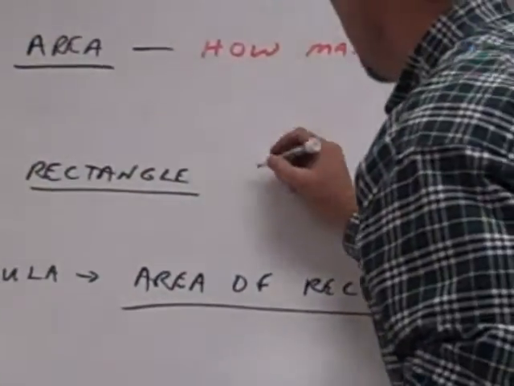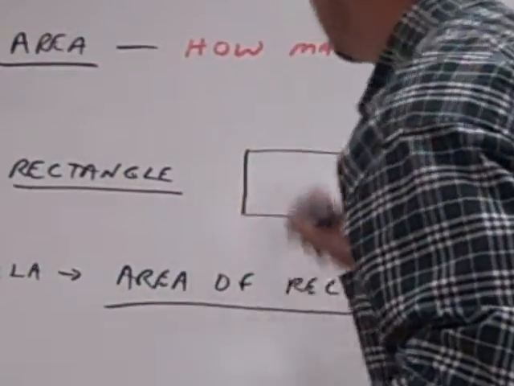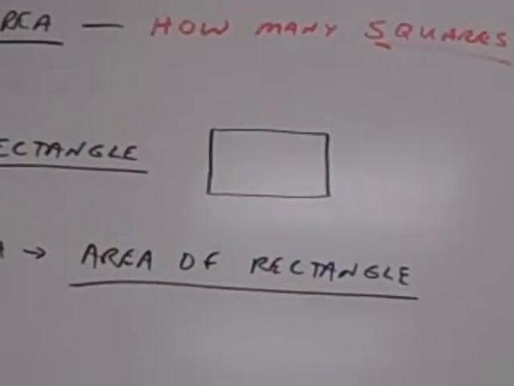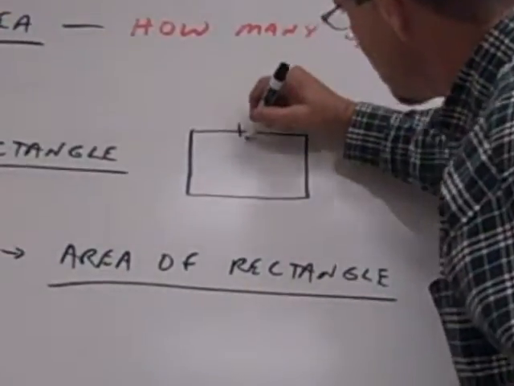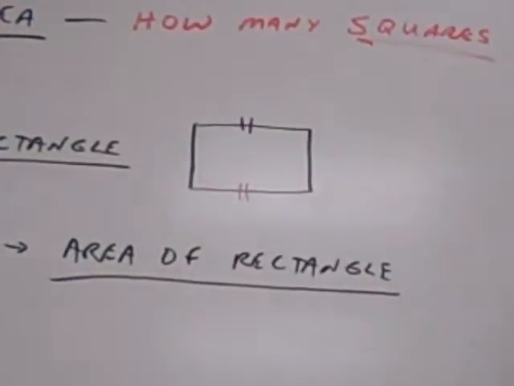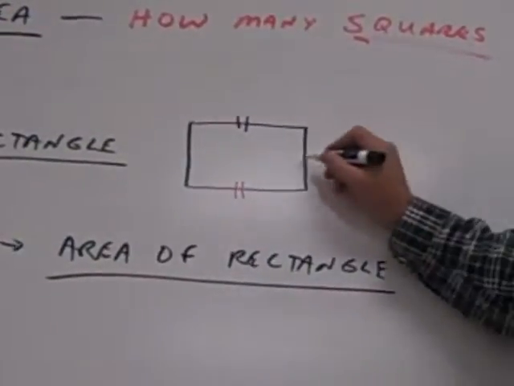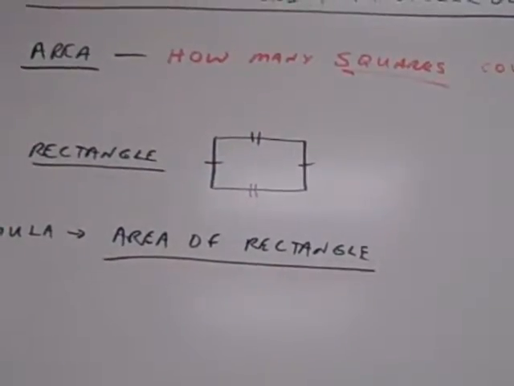Yeah. So I'm going to draw one instead of writing words for it, like that. And I'm going to put symbols on it that will define it for us. I'm going to put a double slash and a double slash. That means those two sides equal each other. I'm going to put a single slash and a single slash, meaning those sides equal each other.